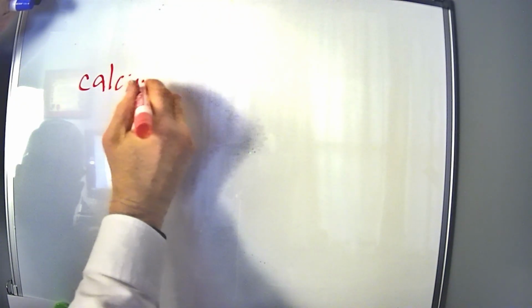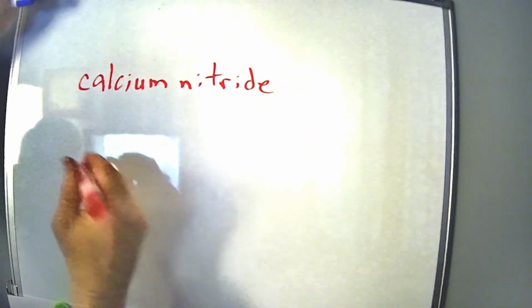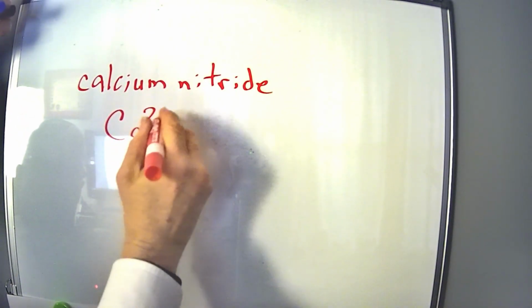All right, we'll do one more before we move on. Calcium nitride. Calcium, Ca, 2 plus.